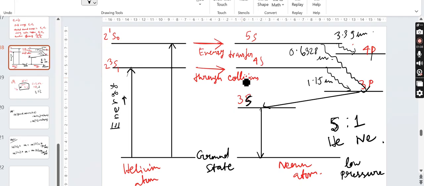And for the relaxation, narrow bore tubes are preferred here.